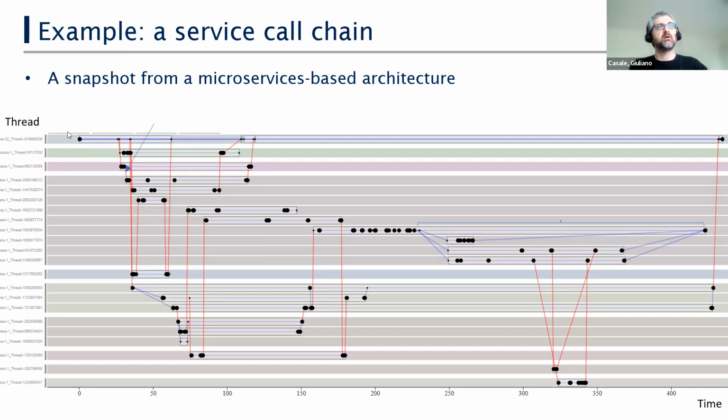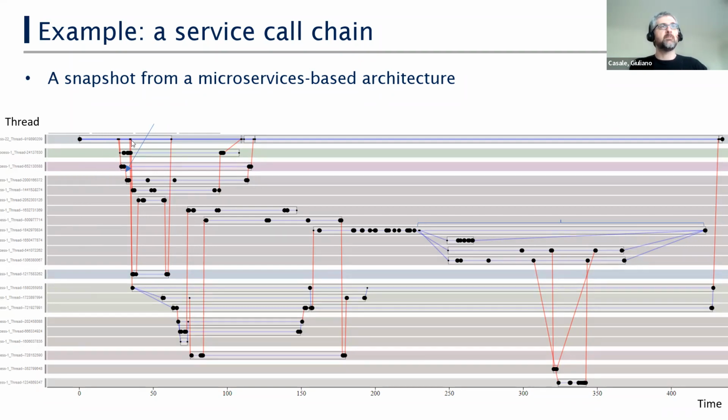Every horizontal bar here represents a thread. Different threads might be running on different resources across your infrastructure, and those that are indicated with the same color belong to the same microservice. So here, for example, you have 8 gray bars that indicate 8 threads of the same microservice.